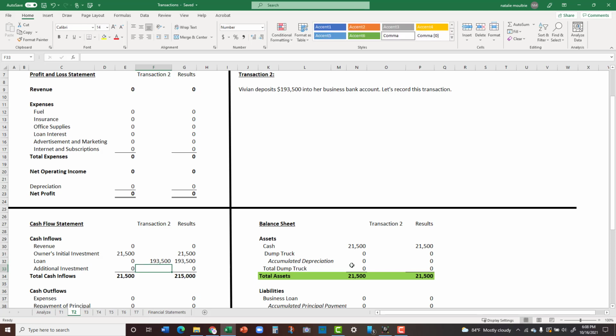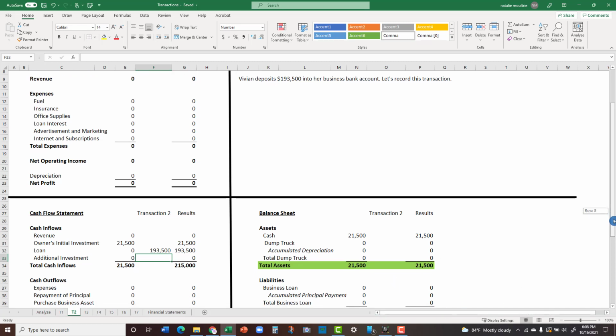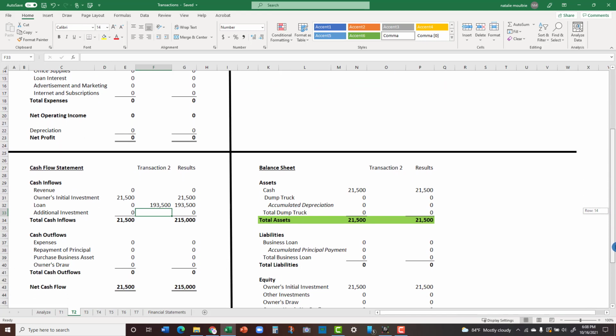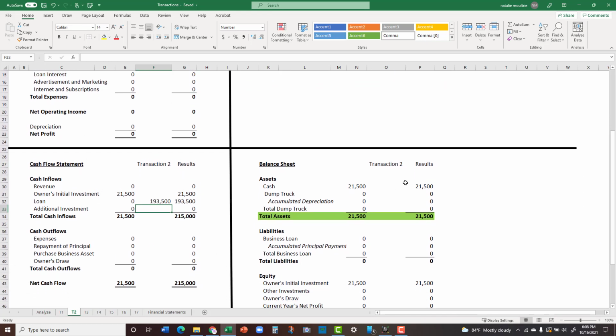That will also have an impact on our balance sheet. Okay, so it increased our cash balance, so we have to increase our cash balance on our balance sheet. All right, so this is also a liability. It is a business loan, so we have to record it here under the liability section as well.